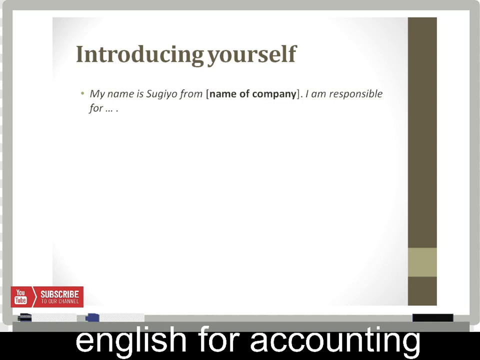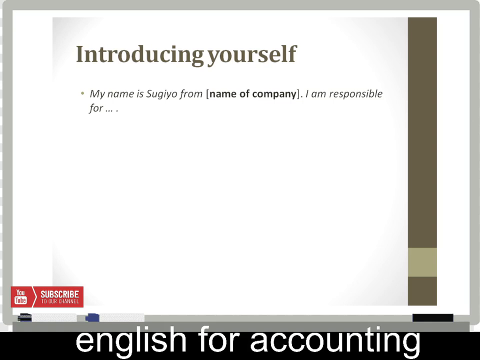So Sugio can say, my name is Sugio from Garuda Perkasa Company. I am responsible for managing all the sales of my company's products all over the world, for example.